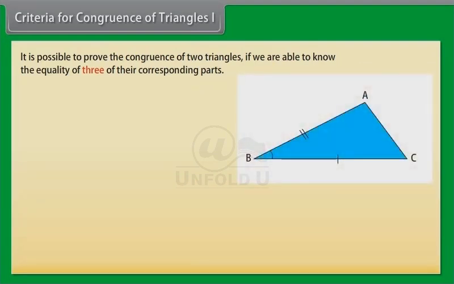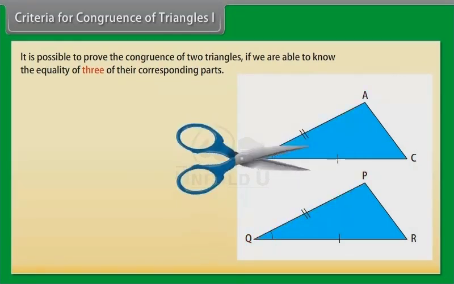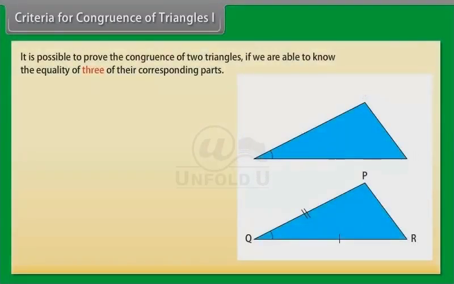Criteria for congruence of triangles 1. We shall now learn that it is possible to prove the congruence of two triangles if we are able to know the equality of three of their corresponding parts. Consider a triangle ABC. Construct another triangle PQR such that QR is equal to BC, angle Q is equal to angle B, and PQ is equal to AB. If we trace or cut out triangle ABC and place it over triangle PQR, we will observe that one covers the other exactly.